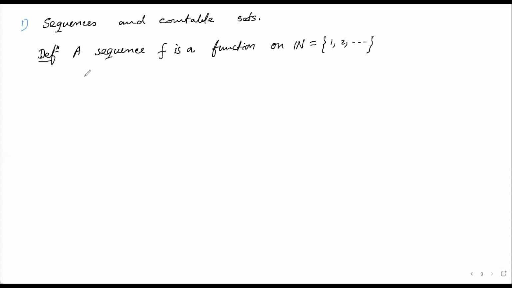So, for example, if f is from N to the set of all reals, this is called a sequence of real numbers. So this is a real valued sequence.